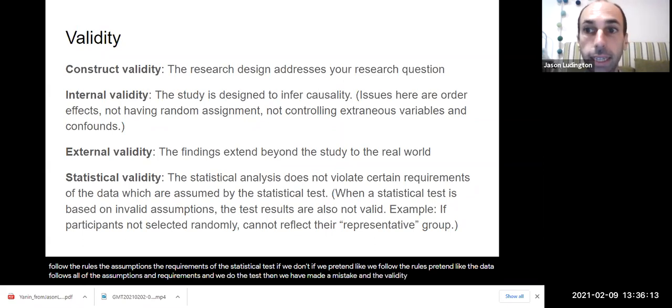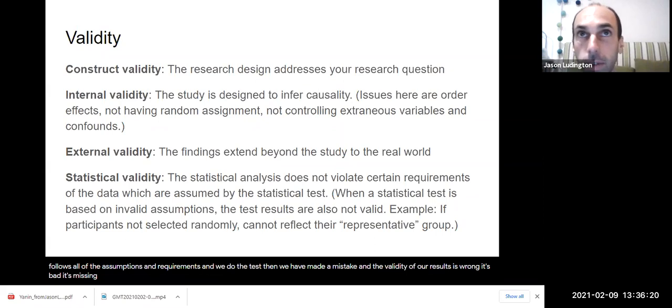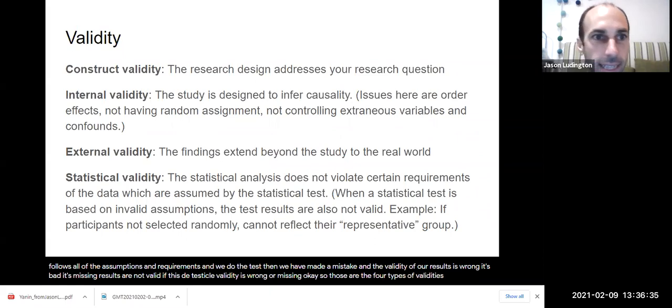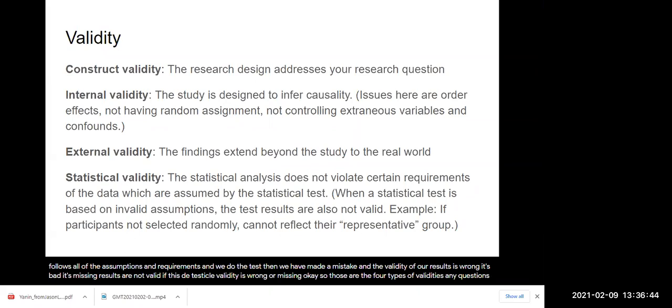And the validity of our results is wrong. Results are not valid if the statistical validity is wrong or missing. Okay, so those are the 4 types of validities. Any questions? No? All right.